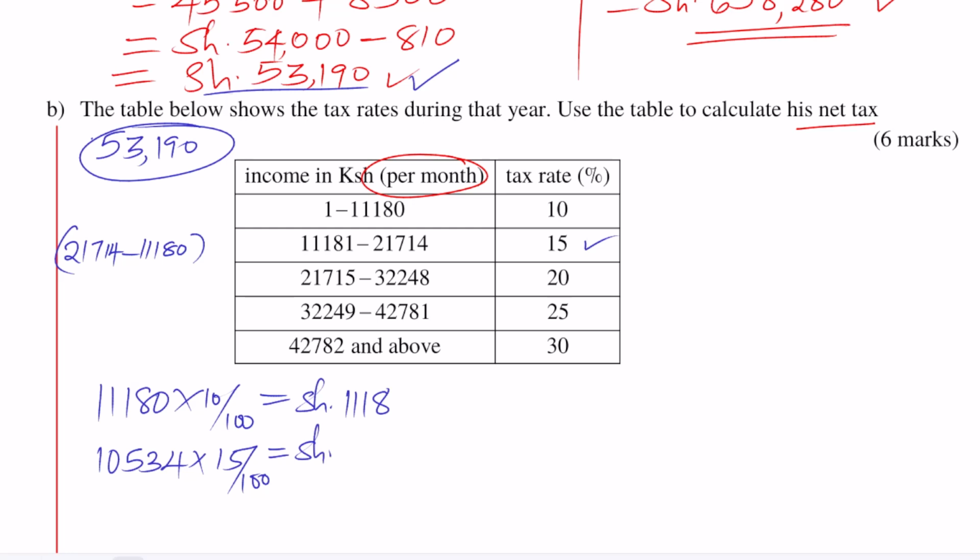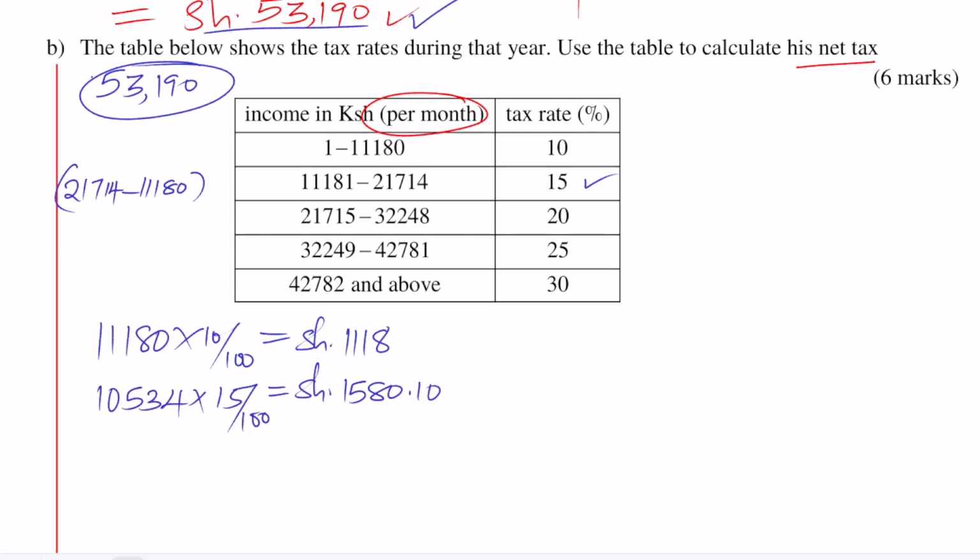Use a calculator to work this out, and you get 1,580 shillings and 10 cents. So what you're getting here is the tax, and on this end, this is the taxable income.